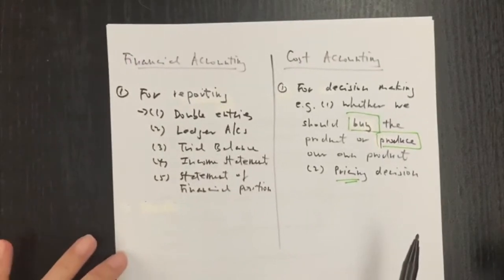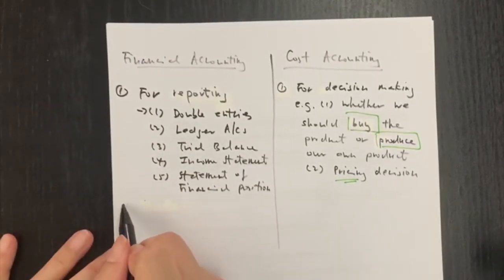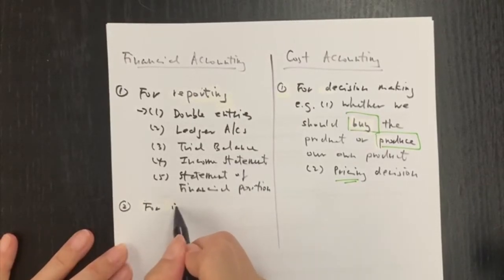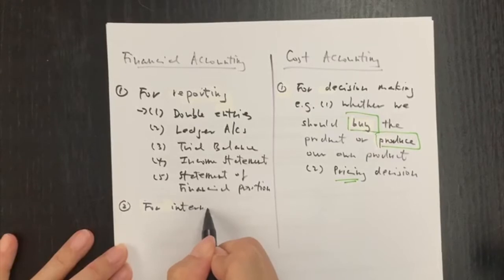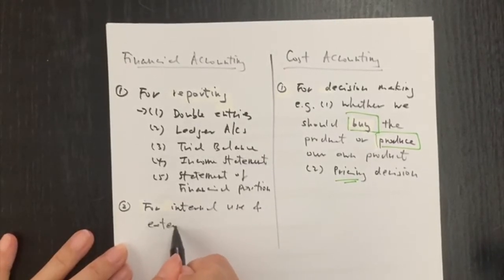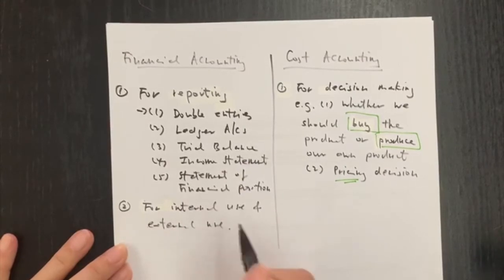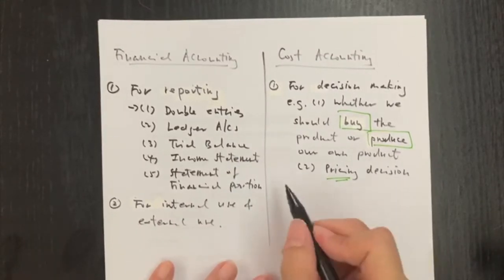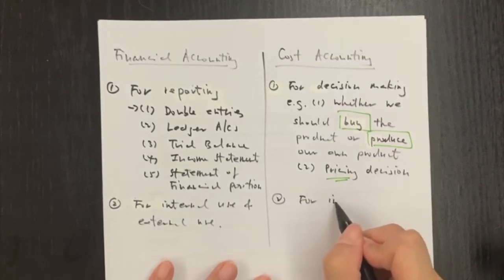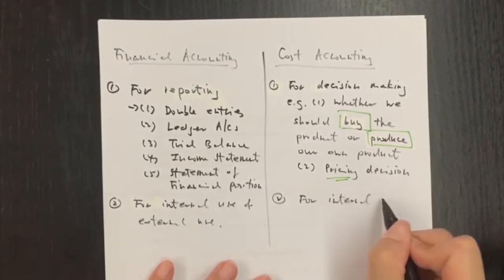Okay, so therefore, obviously, for financial accounting, the purpose is for both internal use and external use. Okay, and to make decisions, which is only for internal use.